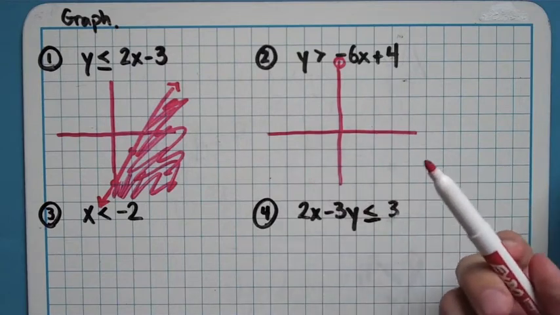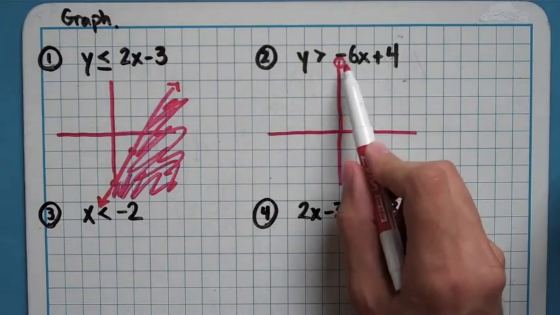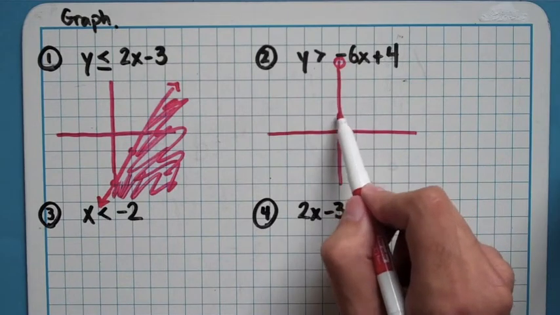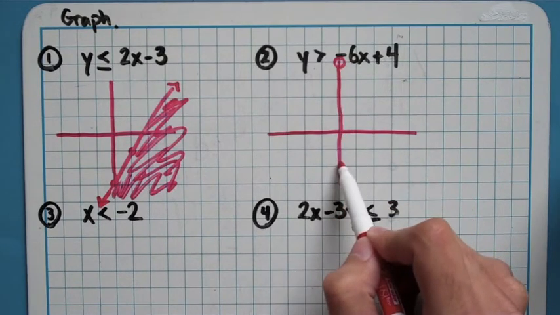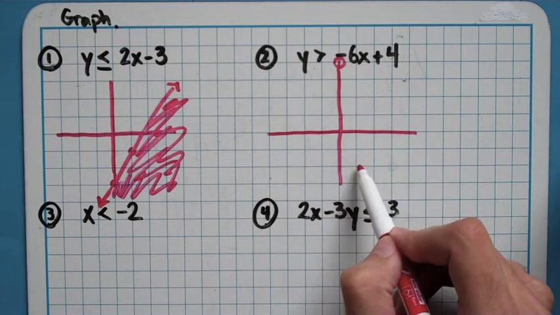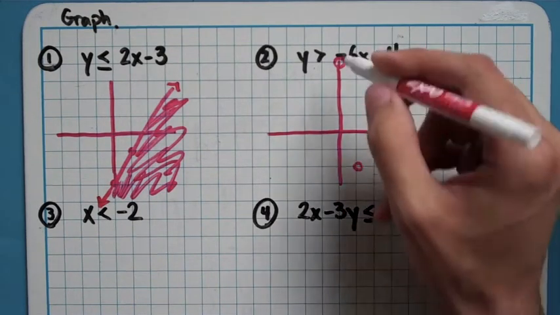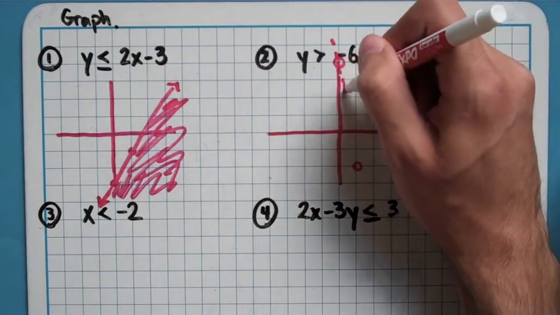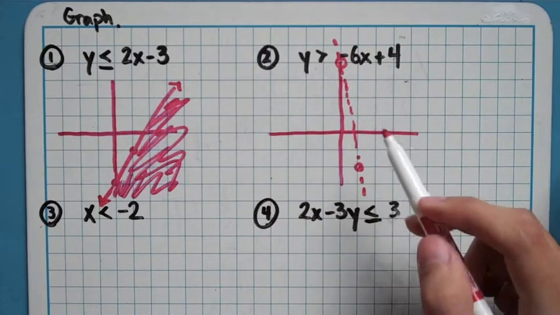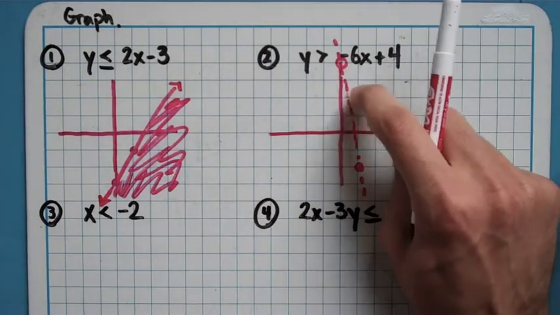If you put a dot there, I'm not going to take off for it, but technically that should be an open circle, because we have just greater than here. And I'm going to go down 6, count it again, 1, 2, 3, 4, 5, 6, and over 1. I'll be right here. And again, I'm making a dotted line on this one, because it's just greater than here, the line itself is no good. That's not a very good dotted line.